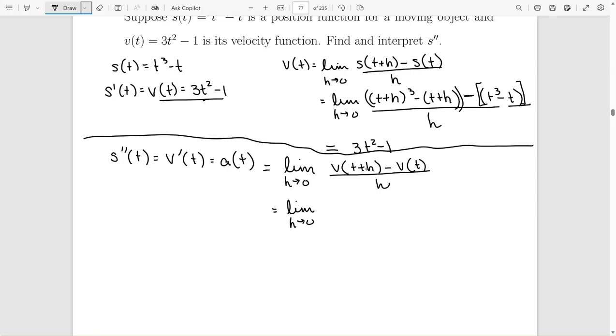So v of t plus h, I go to the v function, I take out the t's, put in t plus h's. That's the first function, minus v of t, all divided by h.